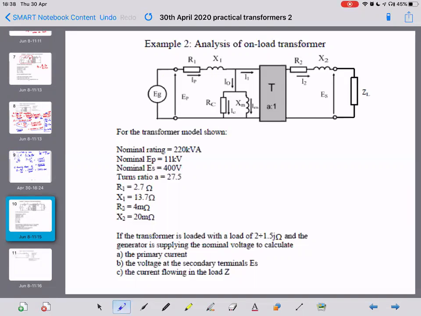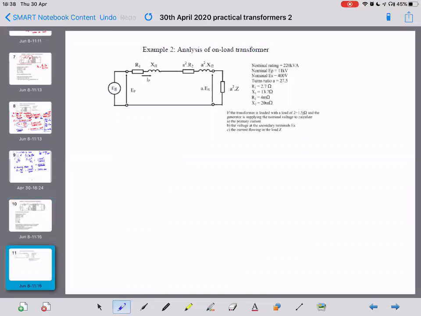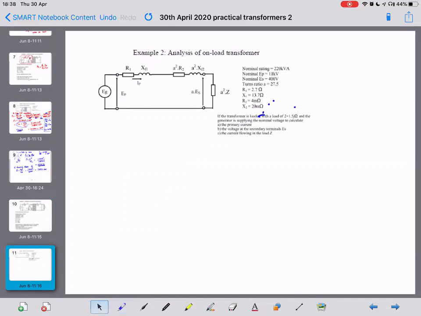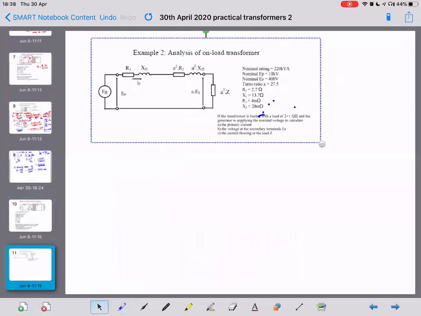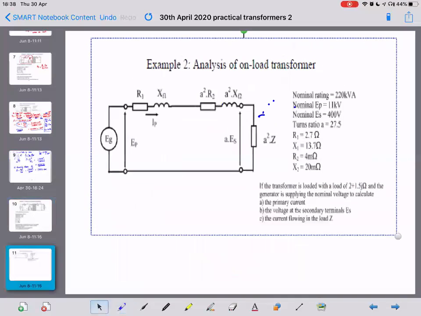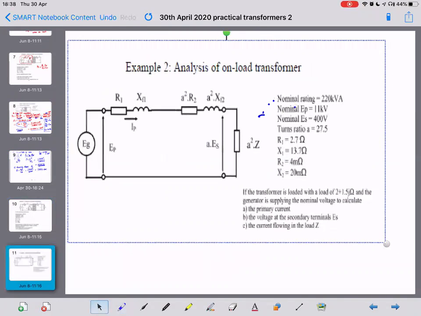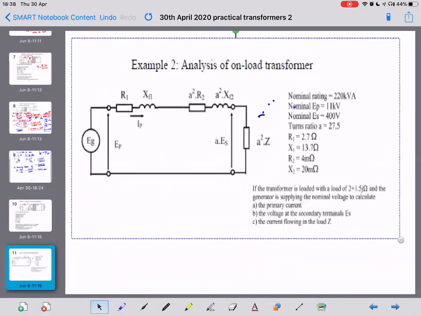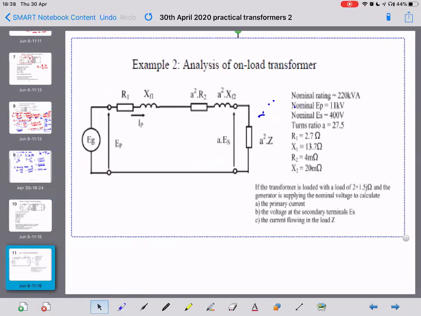And if you look on the next page of your handouts, you've got the diagram that we looked at before, where we discussed moving the secondary impedances across to the primary side to do the analysis.